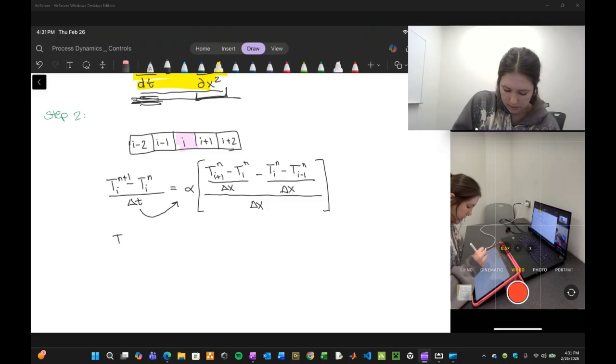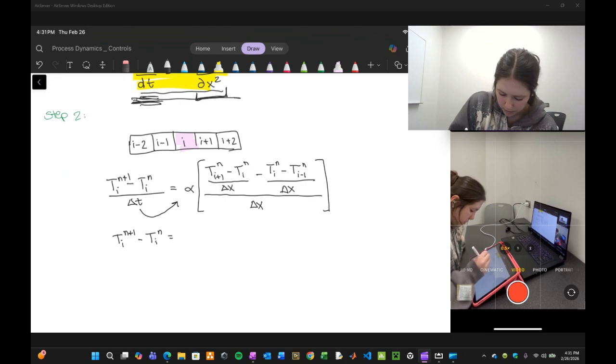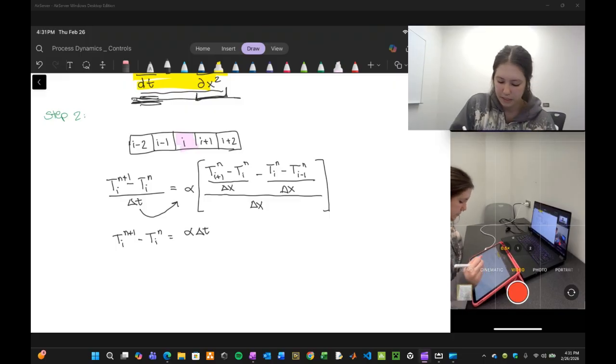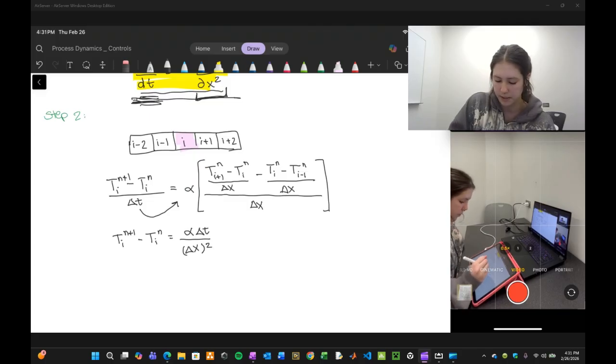So we get T, our temperature at position I at time n plus 1 minus the temperature at position I time n equal to our alpha constant times our change in time divided by our change in x squared, because it's being divided twice here.